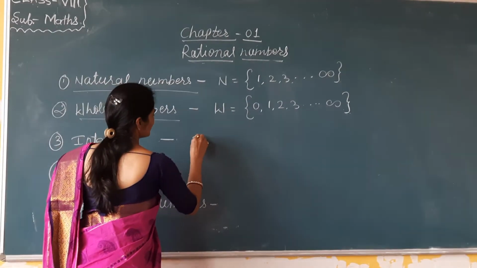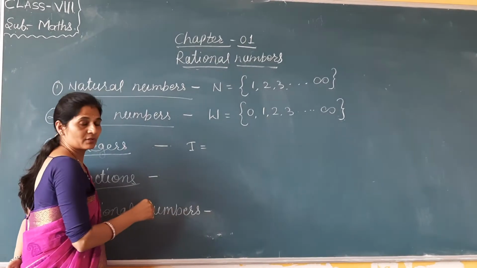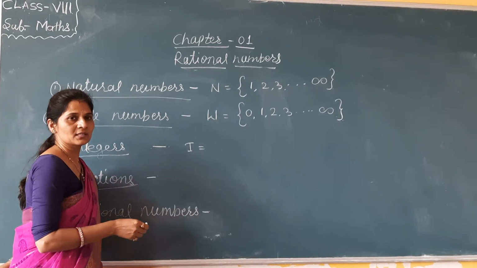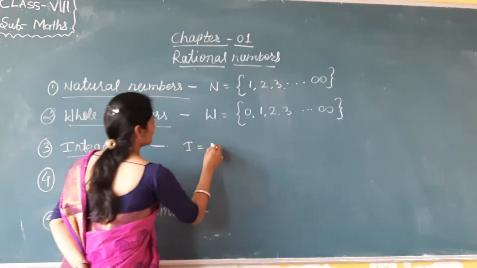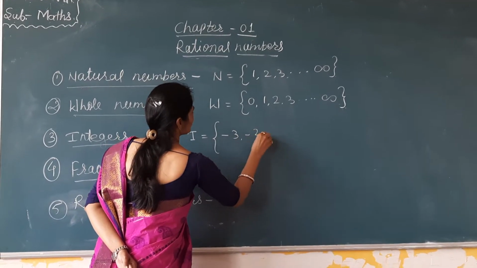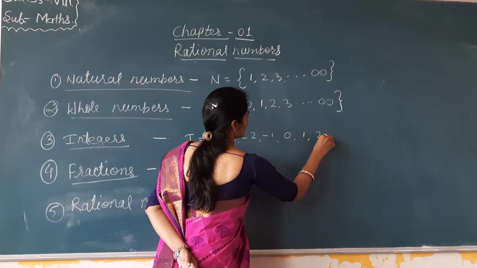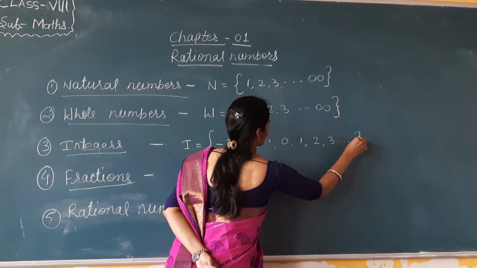Now integers. What are the integers? Integers are the numbers, positive numbers and negative numbers with 0. That means -3, -2, -1, then 0, 1, 2, 3 up to infinity.